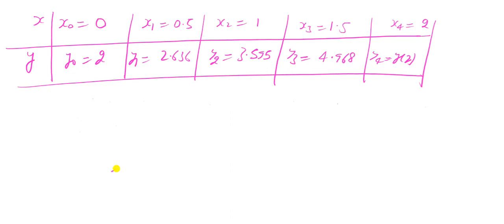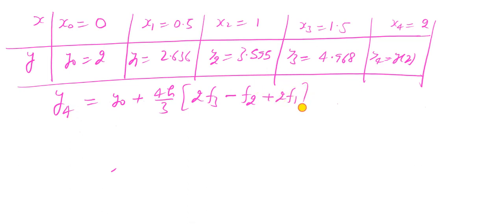the formula y4 is equal to y0 plus 4h upon 3 times 2 f3 minus f2 plus 2 f1.